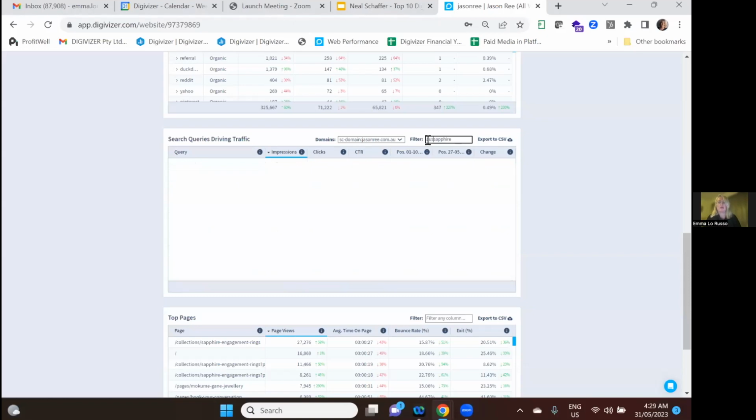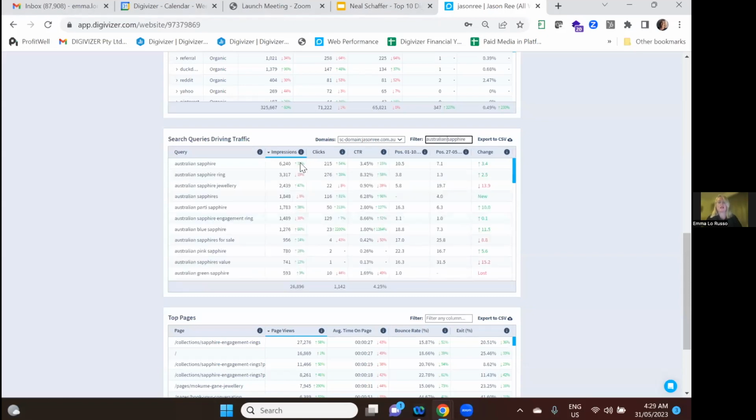By using those insights, this brand now owns 4% of every click through in terms of available traffic.